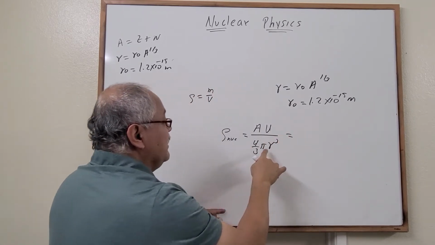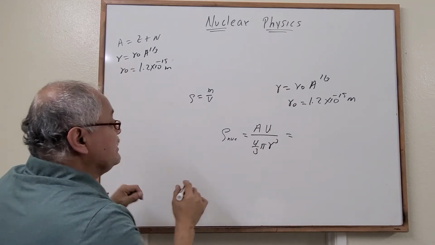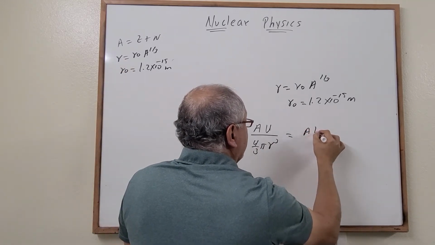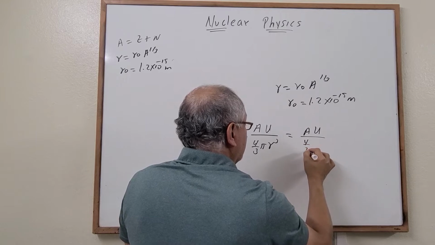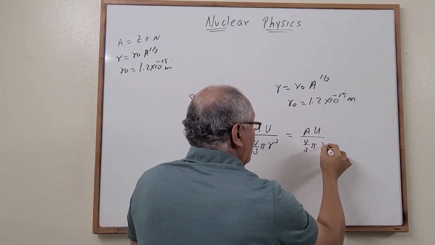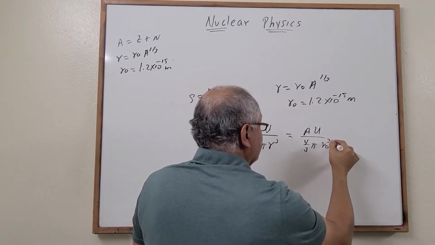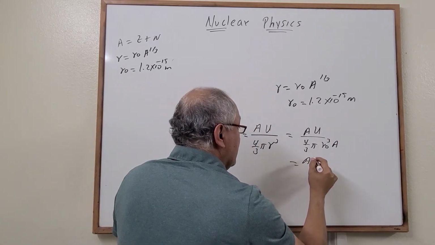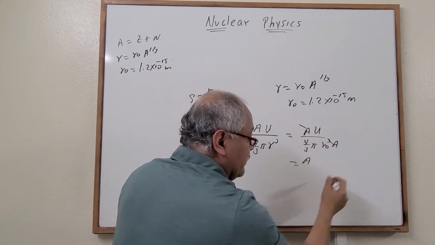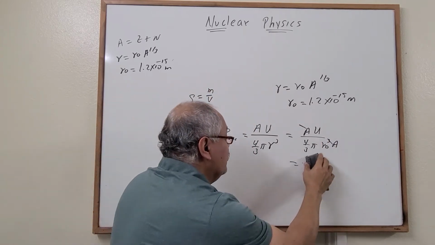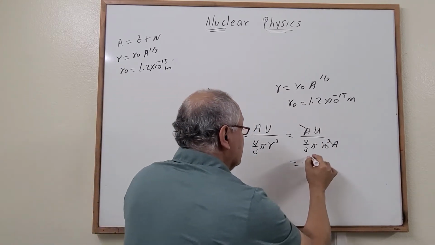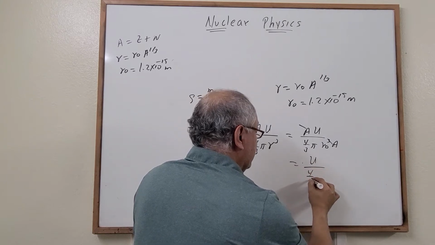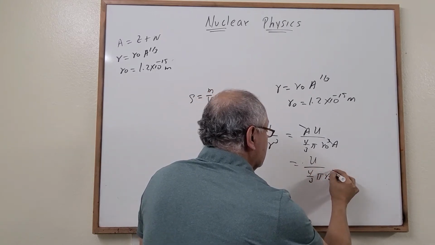But what is r cubed? Using this condition right here, it's going to be A atomic mass units divided by 4/3 pi r naught cubed times A. And what is this? A is cancelled from here, correct? And then what do we have? This is equal to the atomic mass unit divided by 4/3 pi r naught cubed.